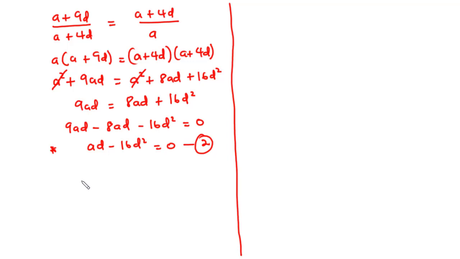So we had equation 1 to be a plus 4d equals 15. That was equation 1. And then equation 2 is ad minus 16d squared equals 0. So now let's make a the subject from equation 2.